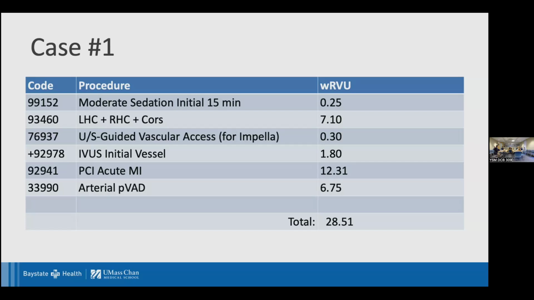Now, we talked about how the vessels count separately, like what Rob said, if you do the LAD and the circ, it's 92928 twice. That's for PCI. It's not for IVUS or physiology. Okay, IVUS or OCT or iFR. IVUS, OCT, FFR codes. Exactly.